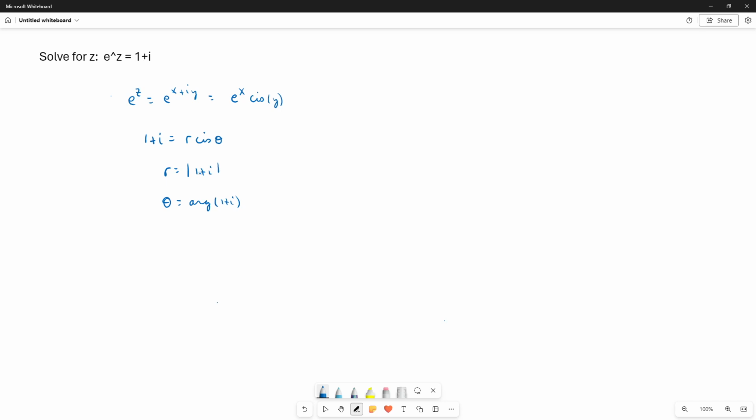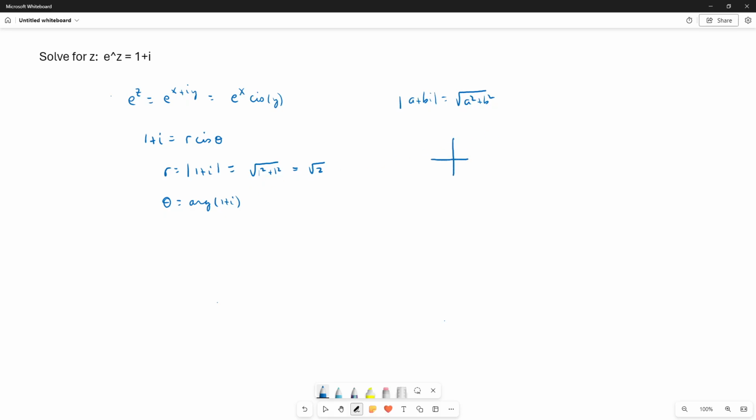So r, the modulus of 1 plus i, the modulus of a plus bi, recall, is the square root of a squared plus b squared, and that's the distance from the origin to the complex number. So we have 1 squared plus 1 squared, that's 2. So r is the square root of 2.